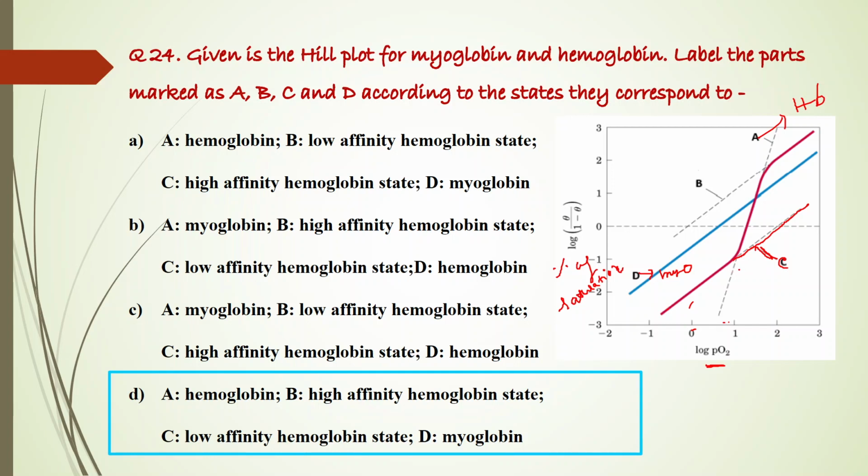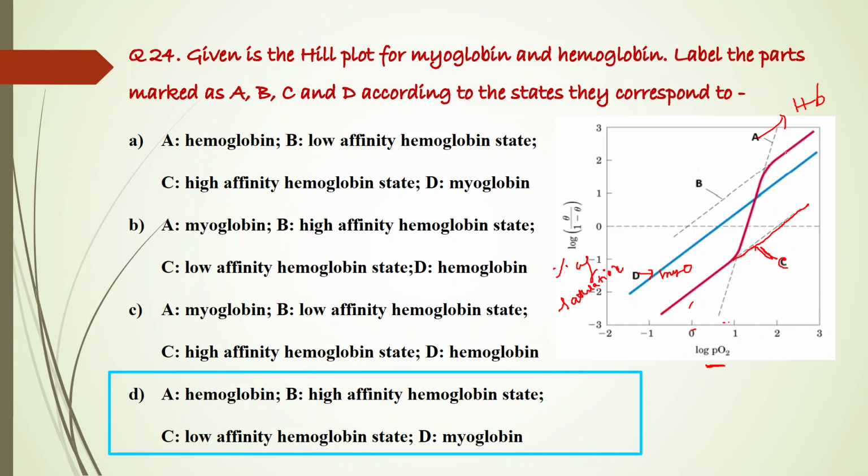But whenever you increase the partial pressure, there is a sharp jump, and then when all four sites are fulfilled, again there is saturation. Now this is extrapolated and marked as B. We can see that when the pressure was high, the binding of oxygen has also increased.